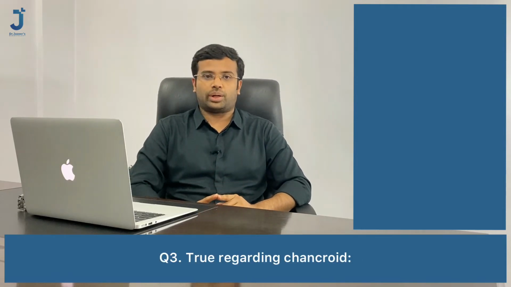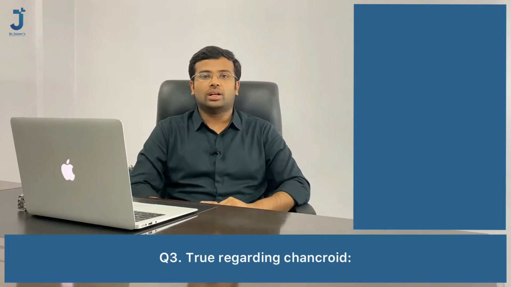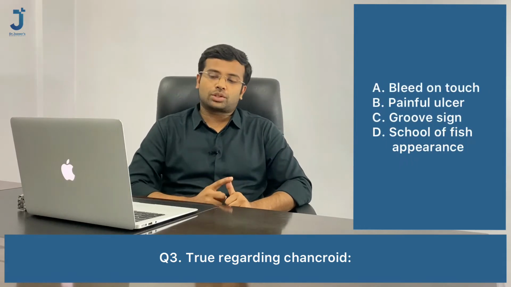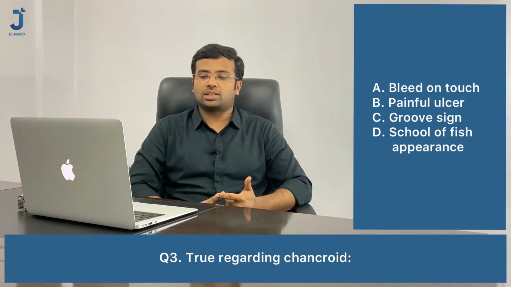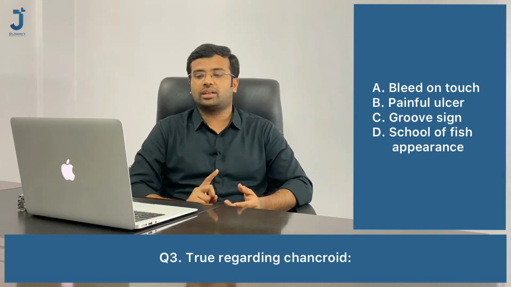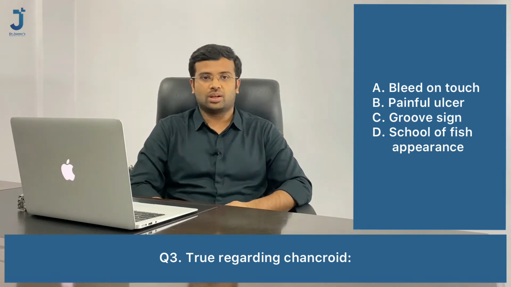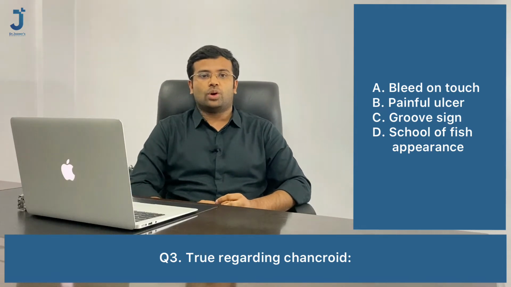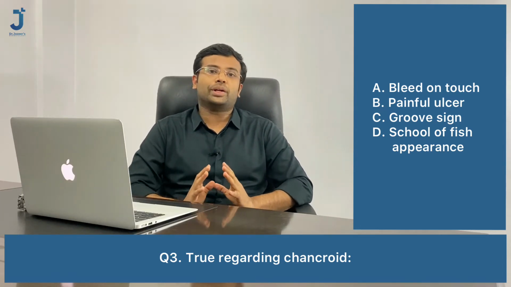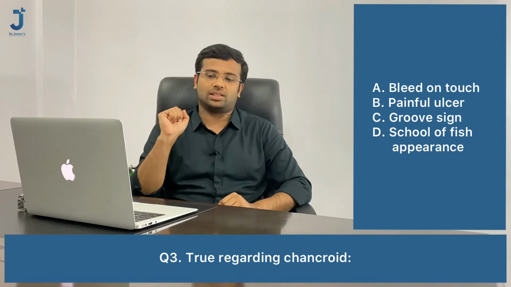The question says true regarding Shankroid. Again it is the same topic. True regarding Shankroid, the options are it bleeds to touch, painful ulcers, groove sign is seen and school of fish appearance. As we discussed earlier, Shankroid causes painful genital ulcers.